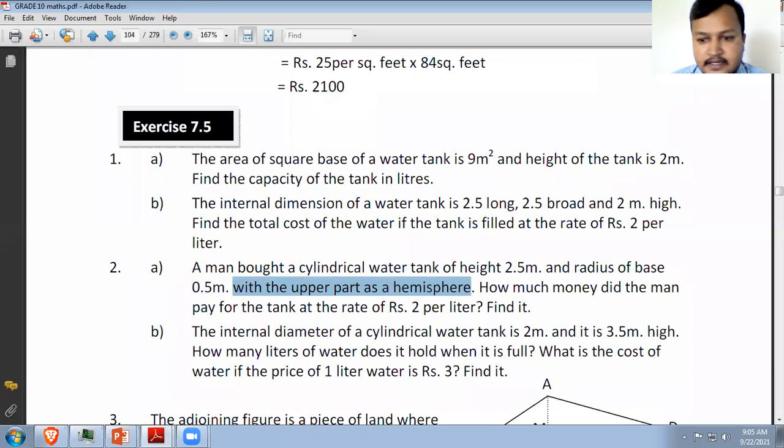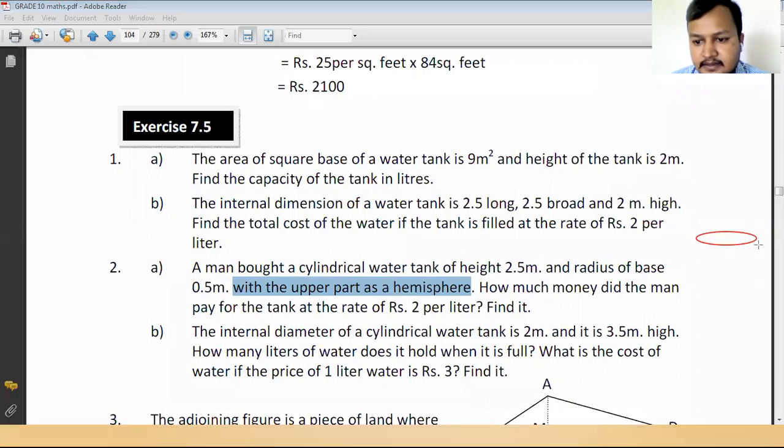You may understand the meaning of it. There is a cylindrical water tank, and its uppermost part is hemispherical in shape. Just try to understand from this rough figure.